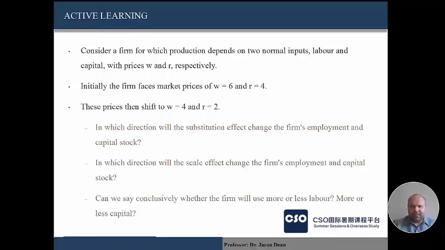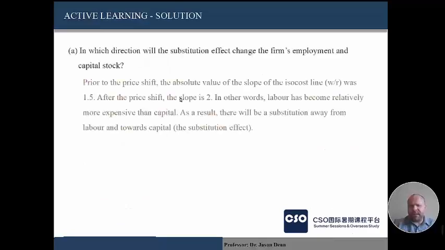Okay, well, let's think about this. So one thing to think about immediately when you're thinking of the substitution effect is, did the relative wages change? So did the ratio of wage to capital increase or decrease? Well, in this case it increased in absolute value.